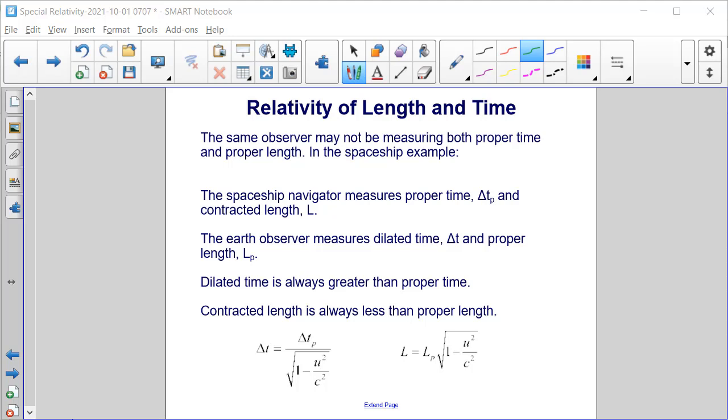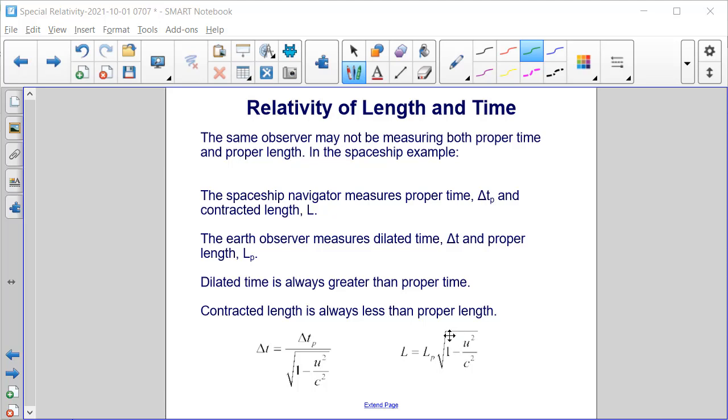The Earth observer is measuring dilated time as the spaceship moves further and further away from the Earth at rest, but it's measuring the proper length, the distance from the Earth to the star. Dilated time is always greater than proper time, and contracted length is always less than proper length.